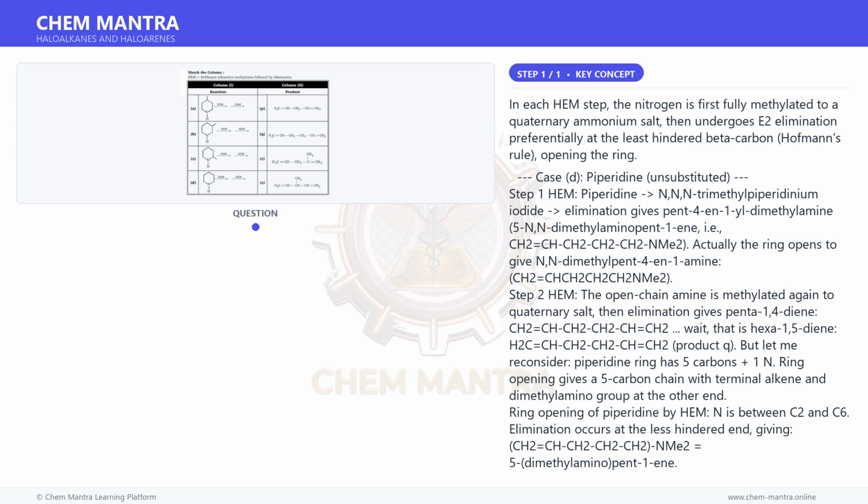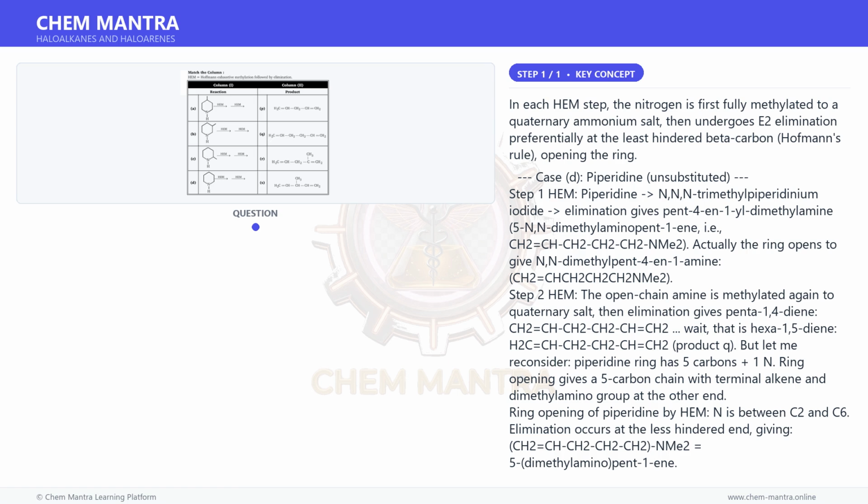The product assigned is S, H2C=CH-CH(CH3)-CH=CH2, 3-methylpenta-1,4-diene. The first Hofmann on 4-methylpiperidine opens the ring to give a methyl-branched amine. The methyl at C4 means elimination gives a branched intermediate. After 2 full Hofmann cycles, we get S. So, A matches S.